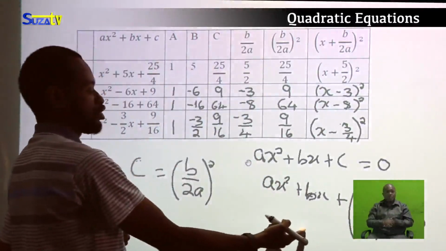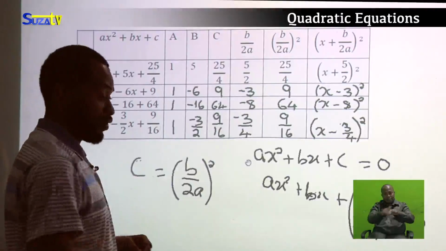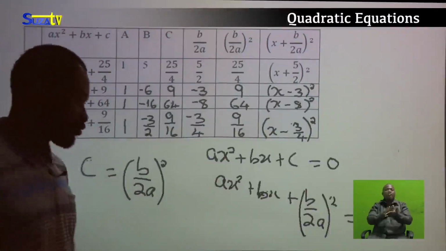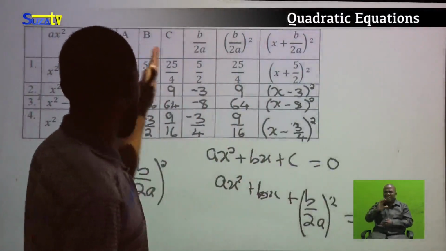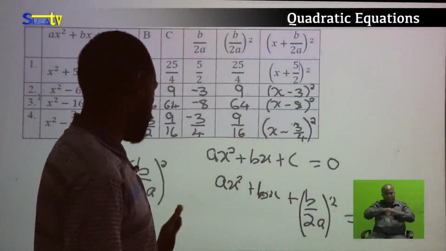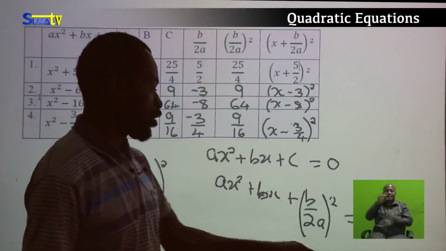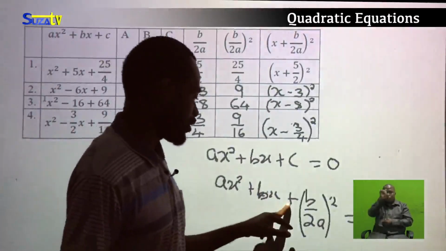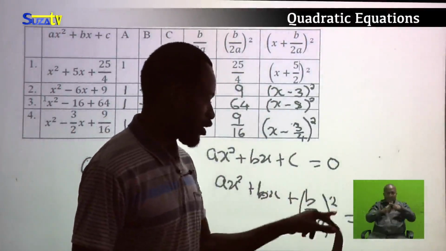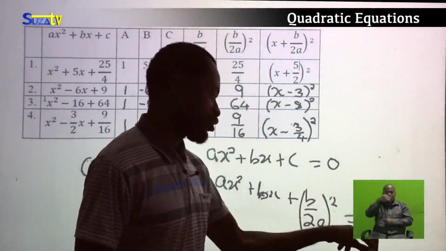Now, this expression is a perfect square. From here, x squared plus bx plus c, from those expressions, it is found that c is equal to b over 2a, the whole thing squared. So as we said, x squared plus bx plus b over 2a, the whole thing squared, is equal to 0.